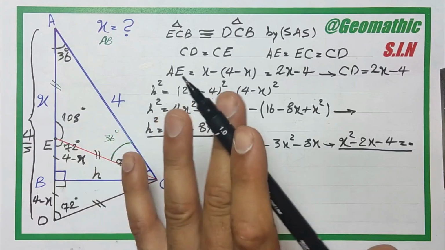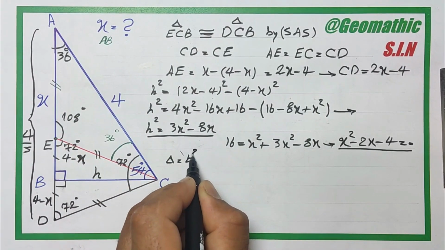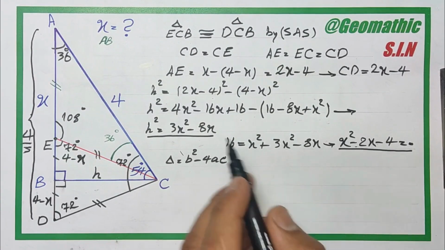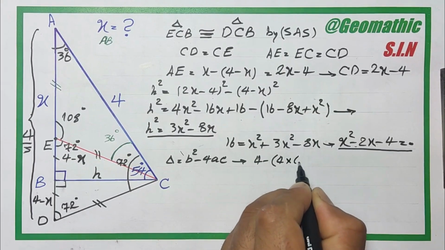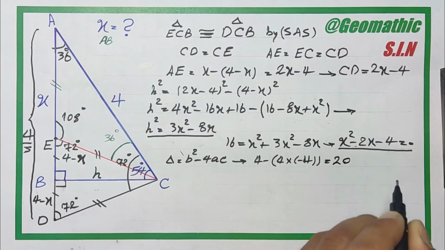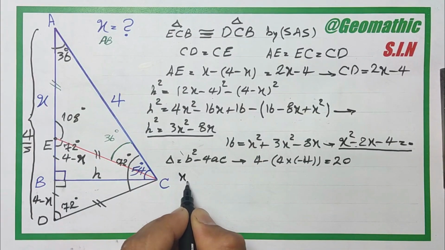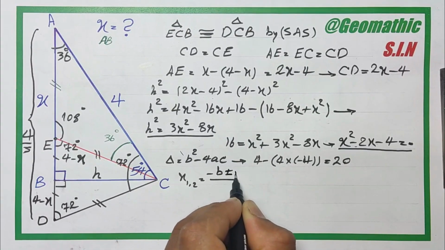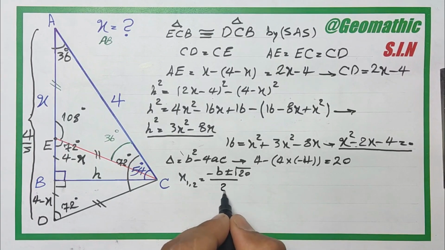Now we can find the roots using the discriminant, and the discriminant says B squared minus 4AC, and B here is minus 2. Then we have 4 minus 4 times minus 4, equals 20. Then we have two roots for this equation: minus b plus or minus the square root of 20, over 2a.